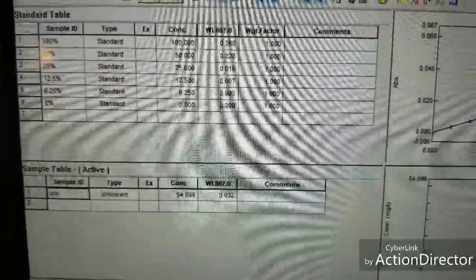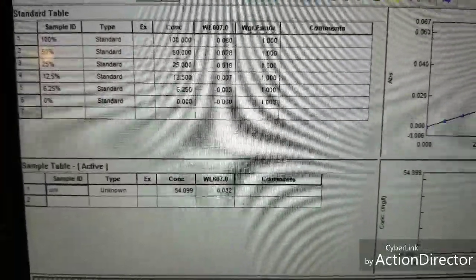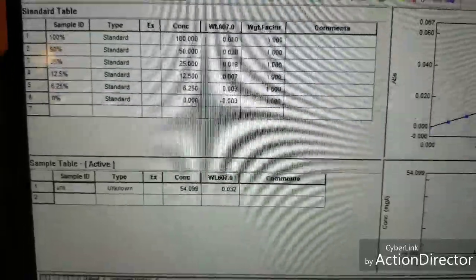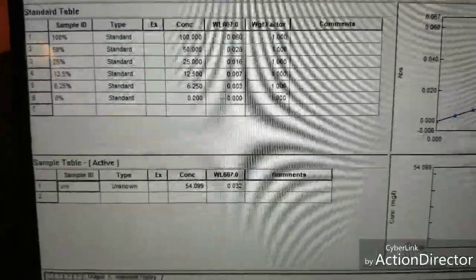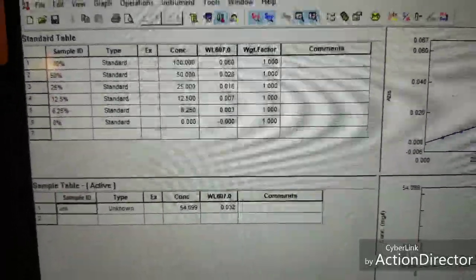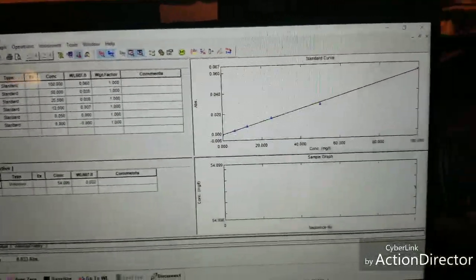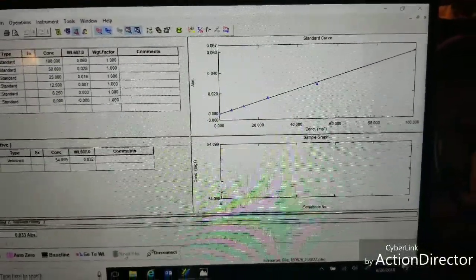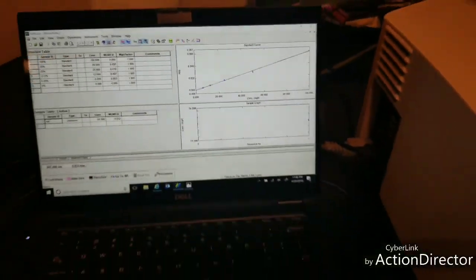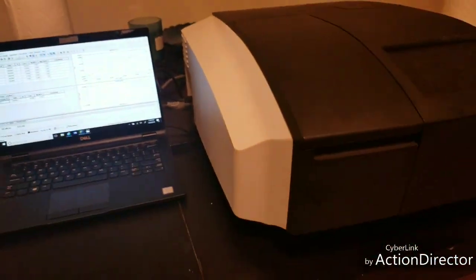But it just goes to show you how robust this kind of technique is, and how Beer's law is really kind of ubiquitous throughout analytical chemistry. Because this is what we do. We produce these calibration curves and we measure these samples and tell you how much of what is in what.